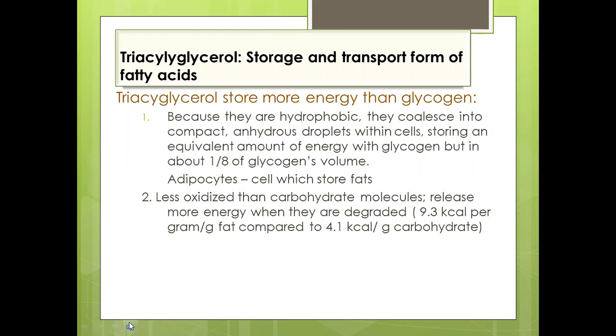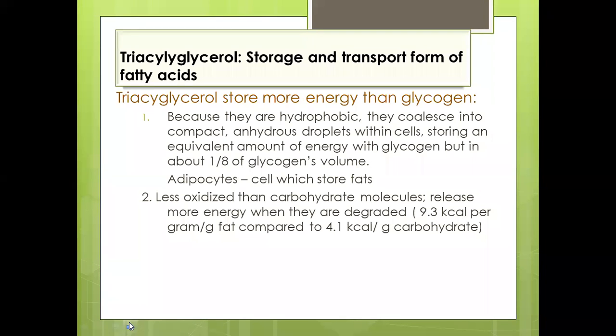So it's lipid versus the carbohydrate. And why is that? Because the triacylglycerols are hydrophobic. They coalesce into compact anhydrous droplets within cells, storing an equivalent amount of energy with glycogen, but in about 1/8 of glycogen's volume. Okay, so they are hydrophobic.